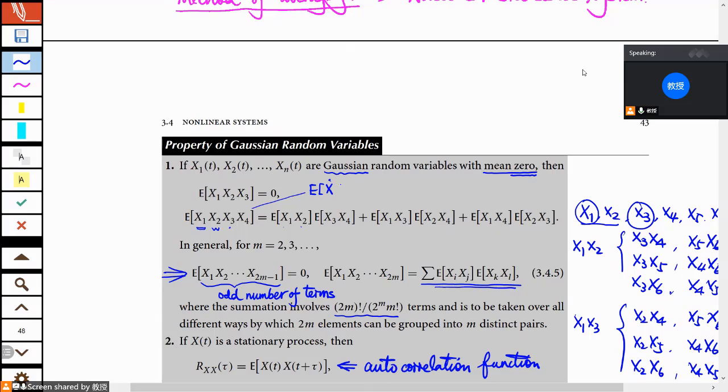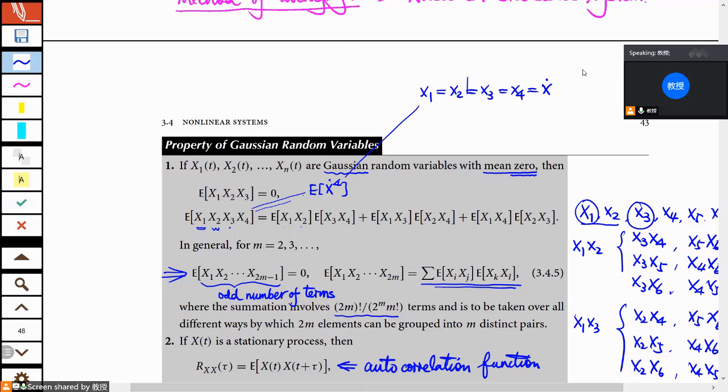Basically we have x1 is the same as x2, x3, and x4, it is x dot.